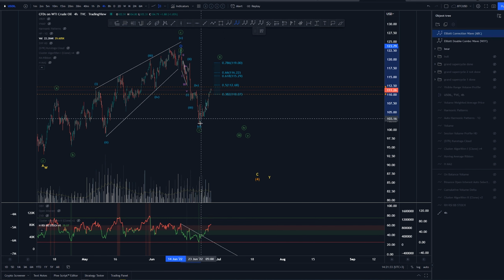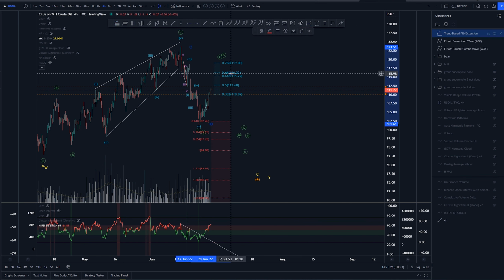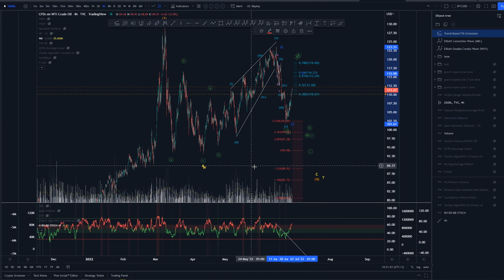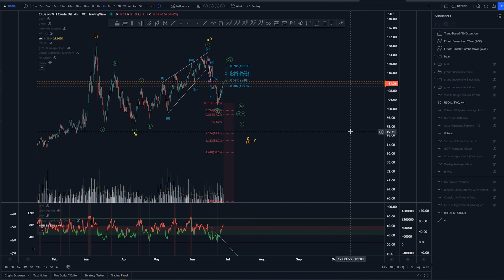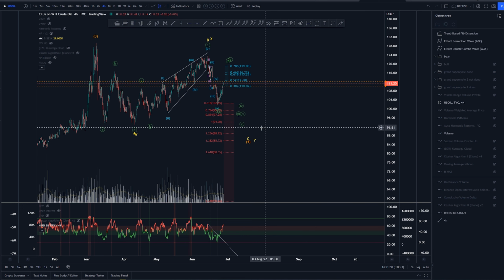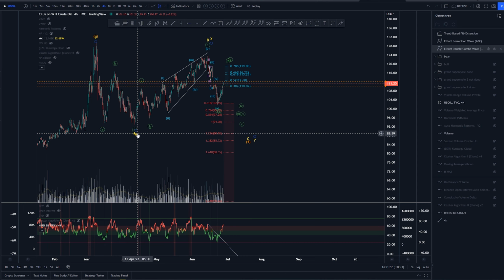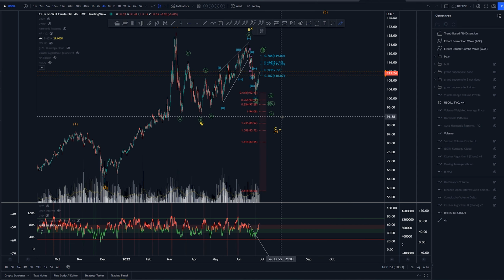So let me label that again here: A, B and C coming down. For that we would target the 1-to-1 extension around $90, $95 or $94, something like that. Yeah, the 1-to-1 extension does not take out the A wave lows or the W wave lows, so it's really close to starting to be into this wave 1.